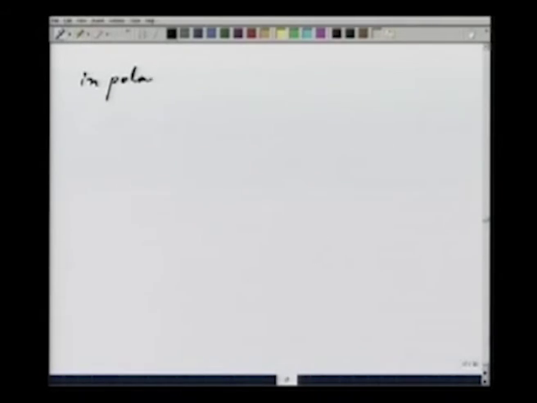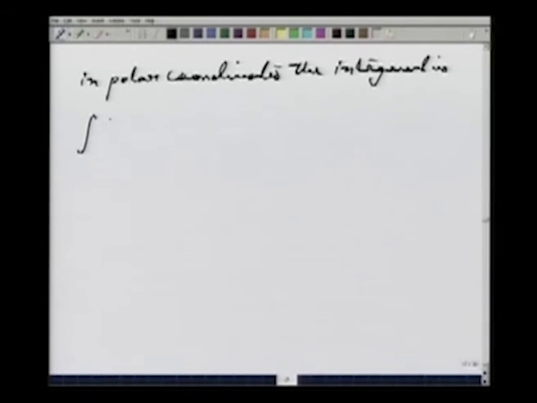So in polar coordinates, the integral is, let me write the 3 integrals, I will put the limits later.